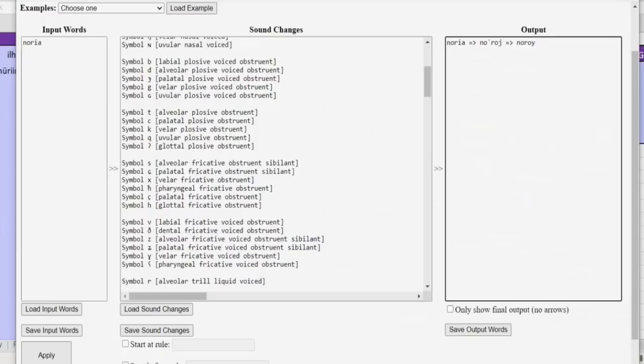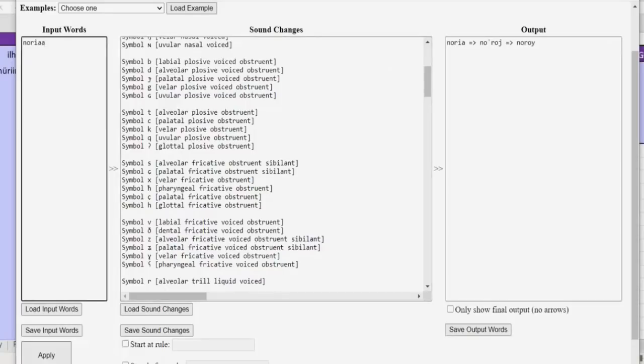Okay, that didn't work. Oh, I see, it's treating the RY cluster as a thing that needs to be broken up with a parenthesis. Okay, that's not right. But that's fine, that's fine. If we pretended that was a long A, we get norio, but not norio. I'd like to get the fronted if possible.